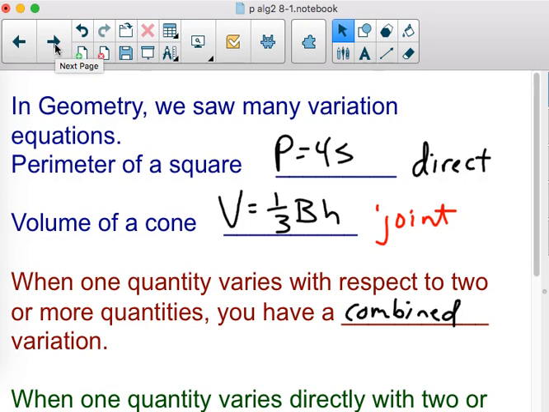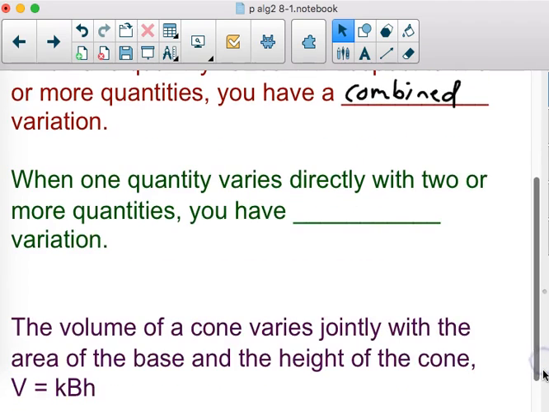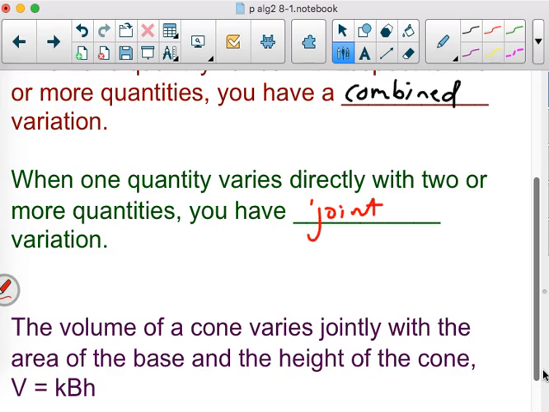But when one quantity varies directly, which means multiplies by 2 or more quantities, that gets that special name of joint variation. So notice, still haven't used the word division. Division is purely for inverse variation. Any other kinds that we see are multiplication. So really, we're going to do division inside these problems. So they'll be combined variations.